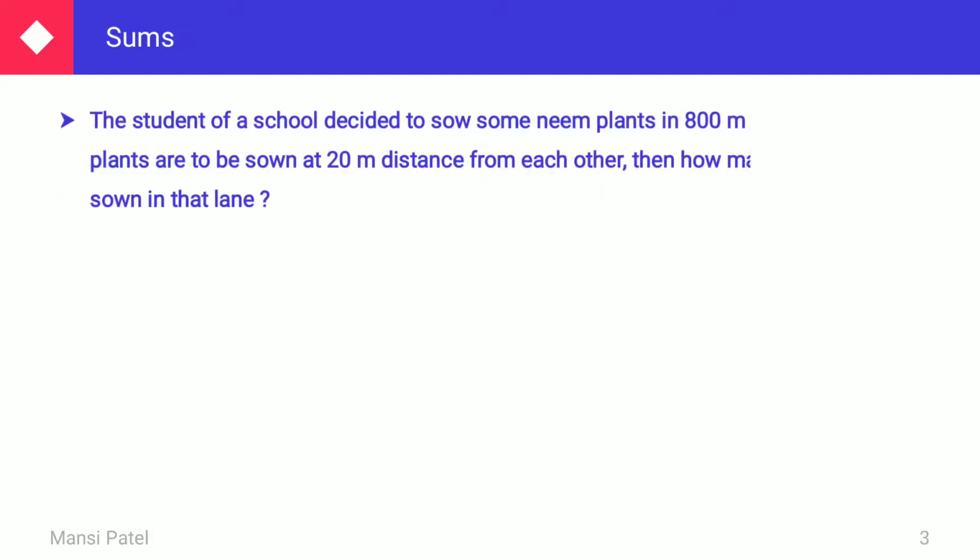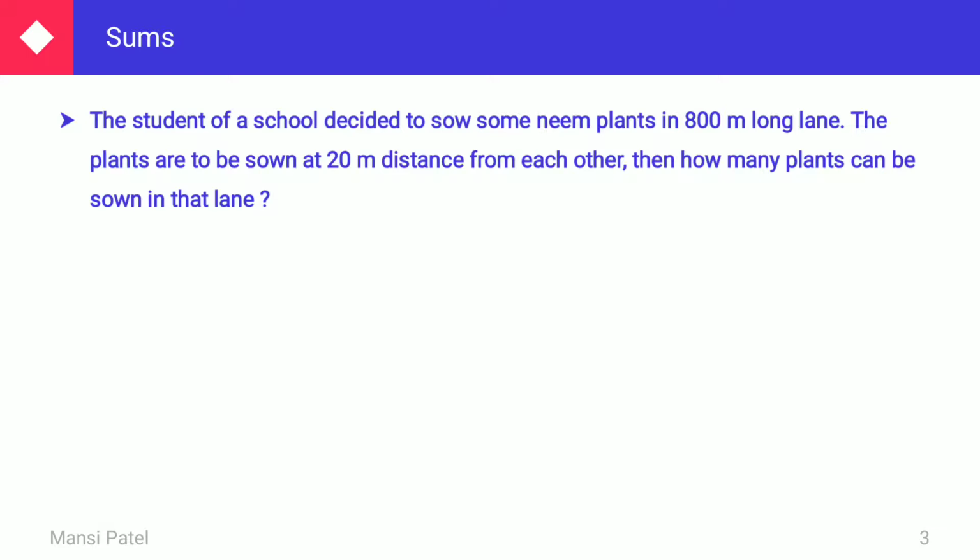See another one. The students of a school decided to sow some neem plants in an 800 meter long lane. Here they were given the total length of the lane, and the total length of the lane is 800 meter. In this 800 meter, students want to sow some neem plants.